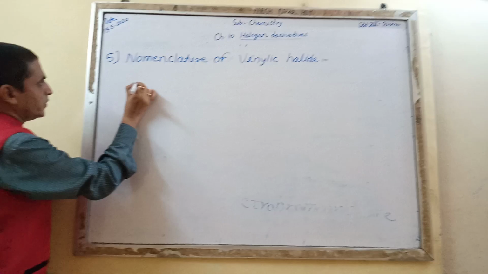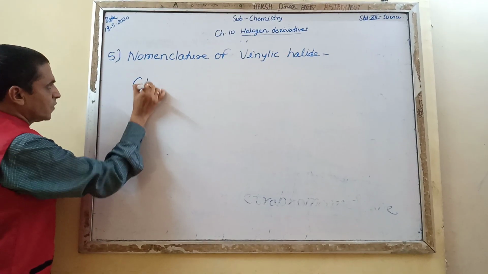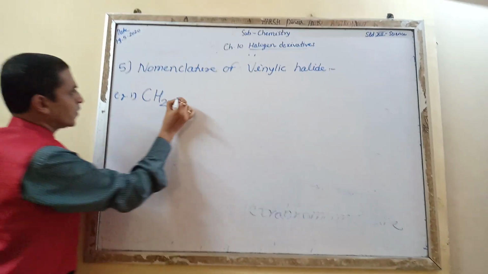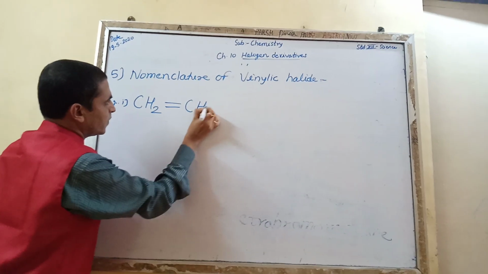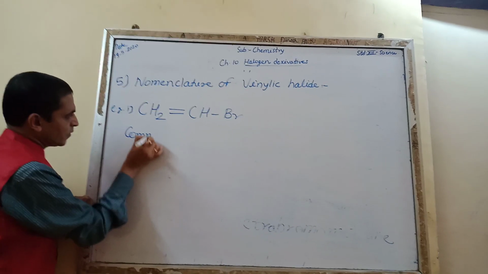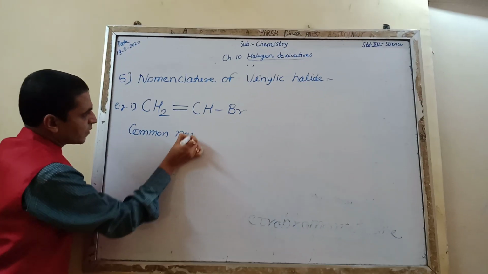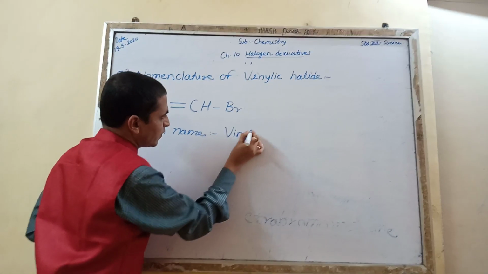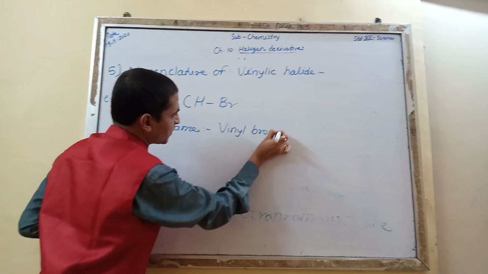You can take directly CH2=CHBr. The common name can be written as vinyl bromide.